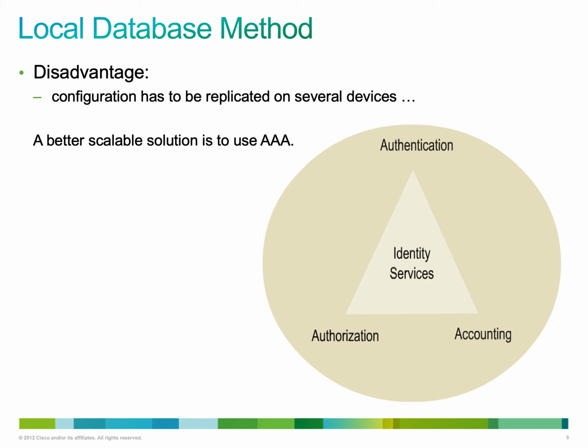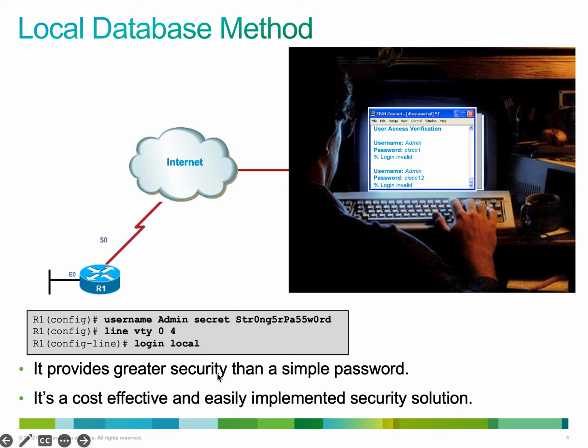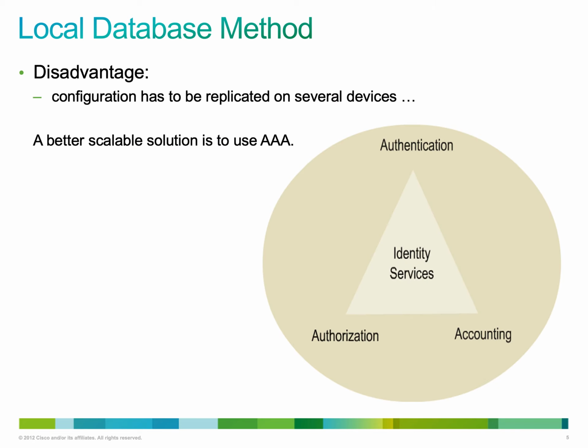Let's take a look at the disadvantage that will make us go for the third solution. Since we've itemized the advantages previously, we said it's simple, it's more secure than the password one, it's cost effective, and it can be easily implemented as a solution for authentication and access privileges.